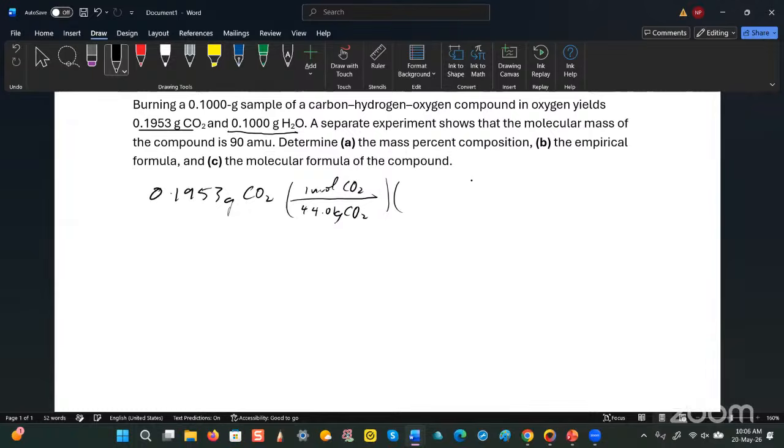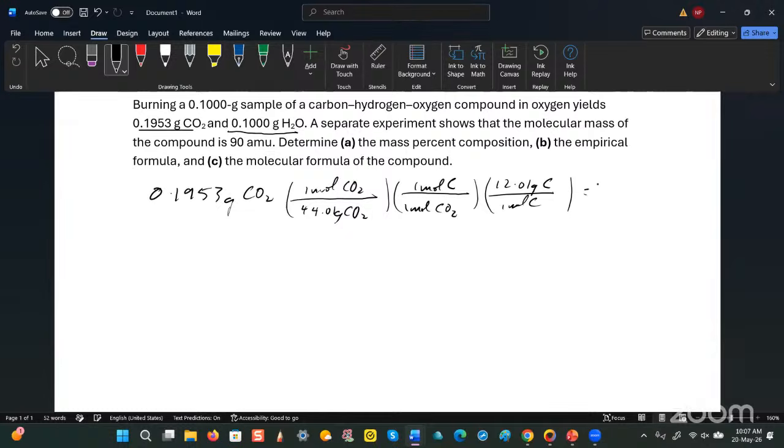The next step is to find the moles of carbon, right? Now, based on the formula here, 1 mole of carbon dioxide will contain 1 mole of carbon, all right? And then the next step is to find the mass of carbon. So therefore, that would be the molar mass that I would use here, 12.01 grams of carbon over 1 mole of carbon.